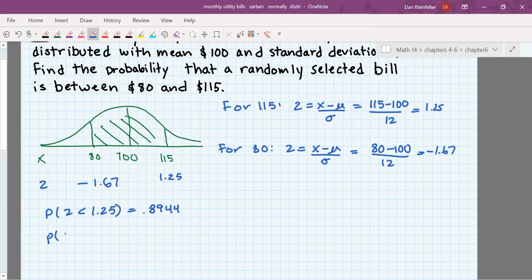And then the probability that Z will be less than negative 1.67, for negative 1.67, that is 0.0475. So then the area that we want is the difference between those two. So that is 0.8469.